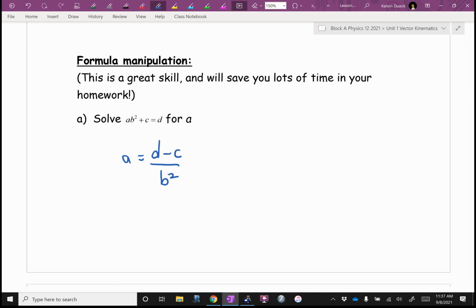You did your multiplying last, almost always. You did your adding and subtracting first. Oh, and if there was something in the brackets, you dealt with it last, because it's reverse BEDMAS. Is that okay? The D would drop down like a domino. Then you would minus the C over, divide the B squared, and that would leave the A by itself. Remember that? Good shortcut.